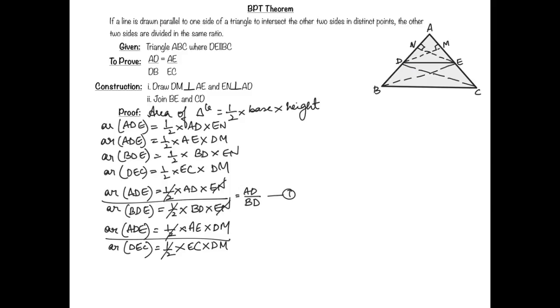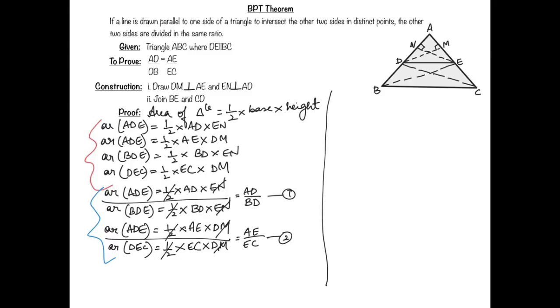Here half gets cancelled, DM gets cancelled, and we are left with AE upon EC, and this will be our second result. So we have 2 parts here: the first part is to list down all the areas of triangles, and the second part is to arrange these areas of triangle in a ratio manner.